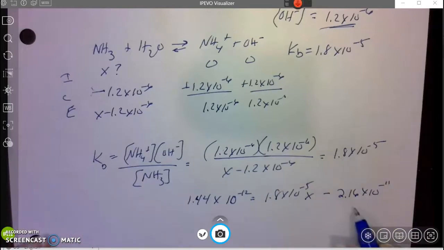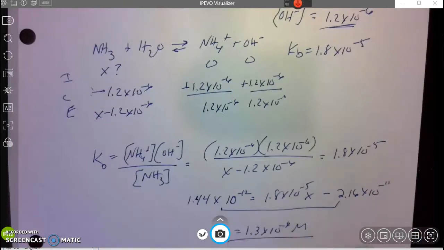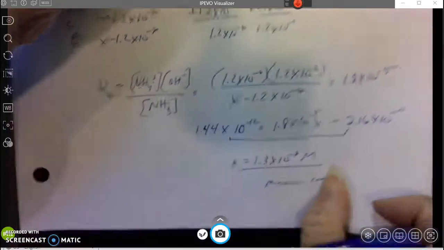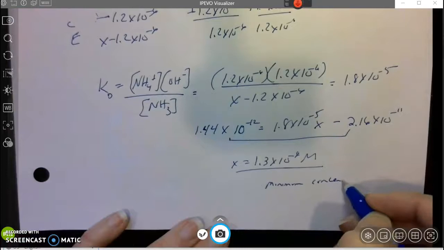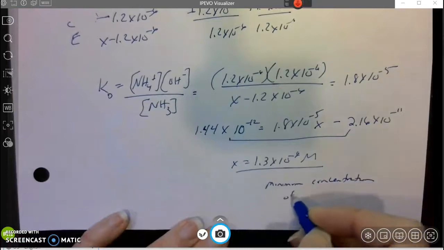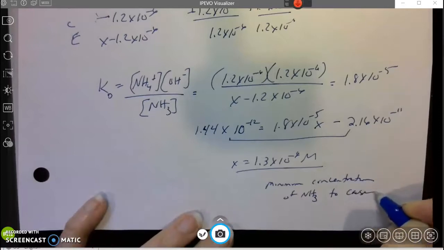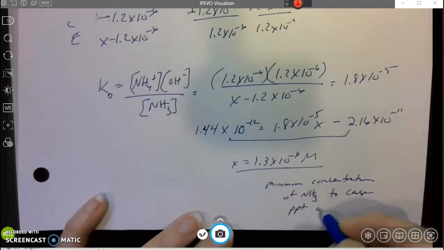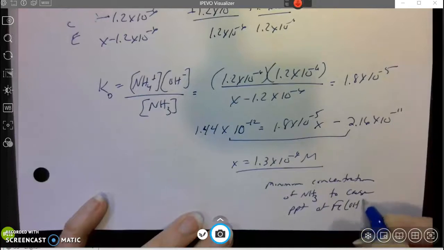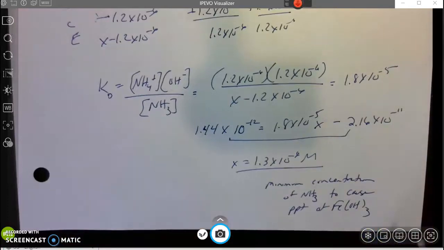Get my like terms together, so I'm going to move this one over here, and then eventually I get x is 1.3 times 10 to the minus 6th molar. So that's the minimum concentration that I would need to cause the precipitation of iron(II) hydroxide.